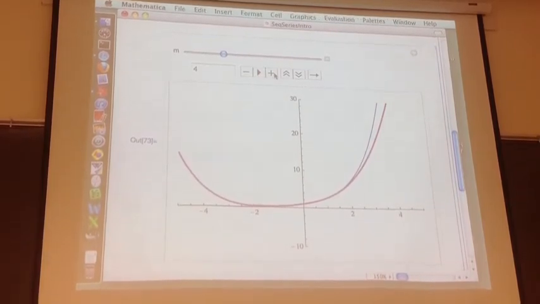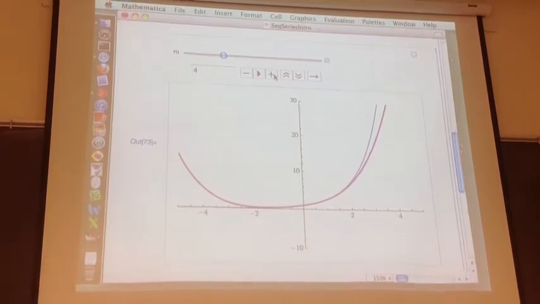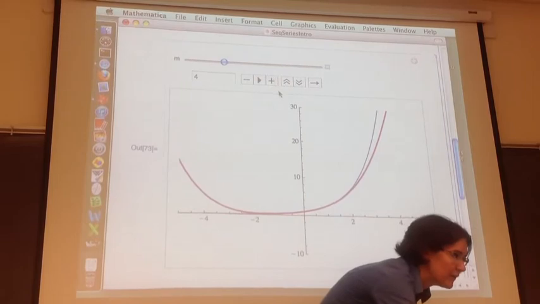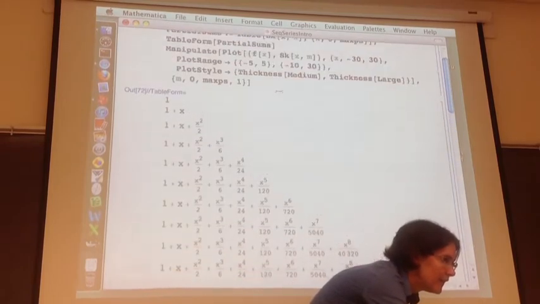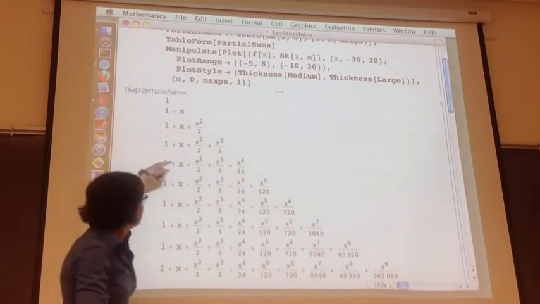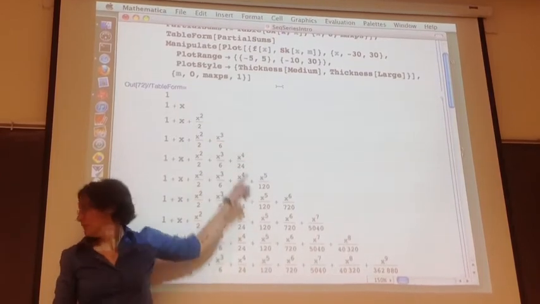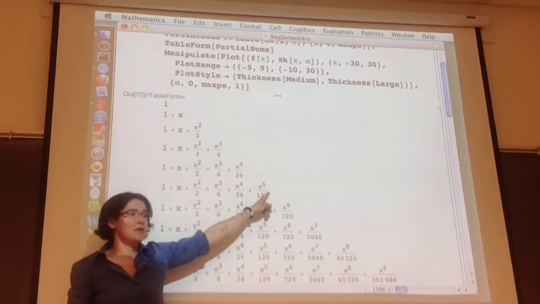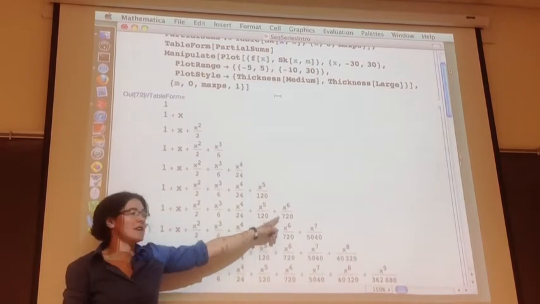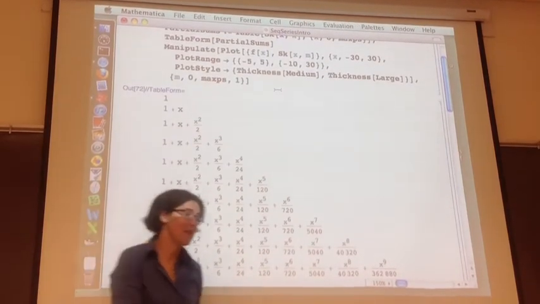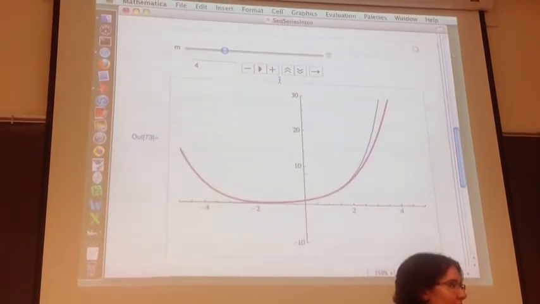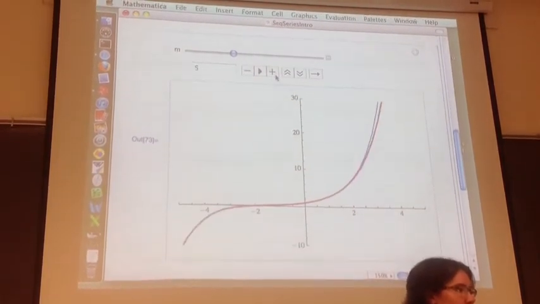So now I'm going to go ahead and hit the plus sign a few more times, and I'm going to be adding on more and more terms. Now, let me remind you what those look like. Up here we had x to the fourth over 24. And then we've got all the way up to x to the fifth. And the next time we'll add on that x to the sixth term, etc. And so take a look at what happens as I add more and more terms.